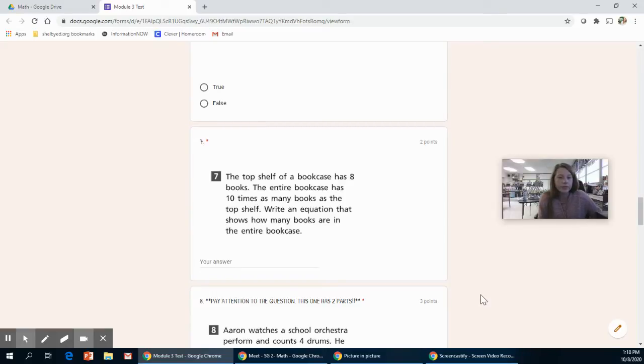Write an equation. So if it helps, you could draw a picture of a bookcase that has the top shelf having 8 books. And then it says the entire bookcase has 10 times as many books as the top shelf. So it wants to know 10 times as many as the top shelf, which is 8. So write the equation.